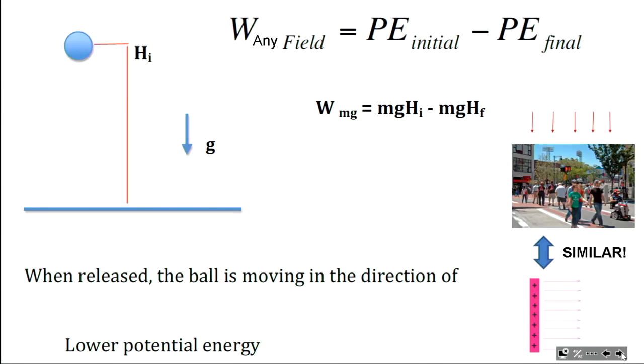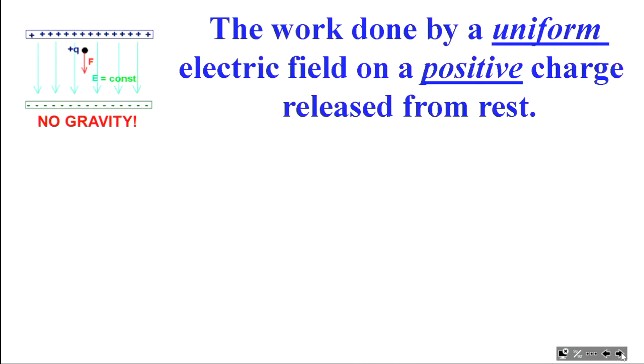Now, we can use the analogy between gravitational field and electric field. We know now how to generate a uniform electric field. So, of course, we have to start from calculating work done by a uniform electric field. Let's do it. We imagine in a simplest situation possible a single positive charge located in a uniform electric field and nothing else is acting on it.